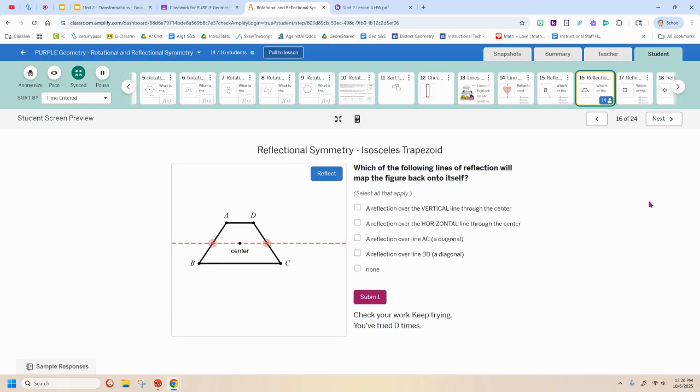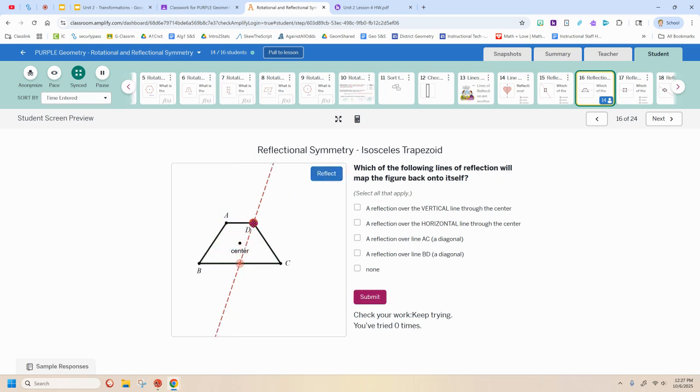Okay, here we go. This trapezoid. Is there anything that's going to work for the trapezoid? Horizontal doesn't work. Vertical works. Okay, let's try it out. So vertical through the center point. So that works.